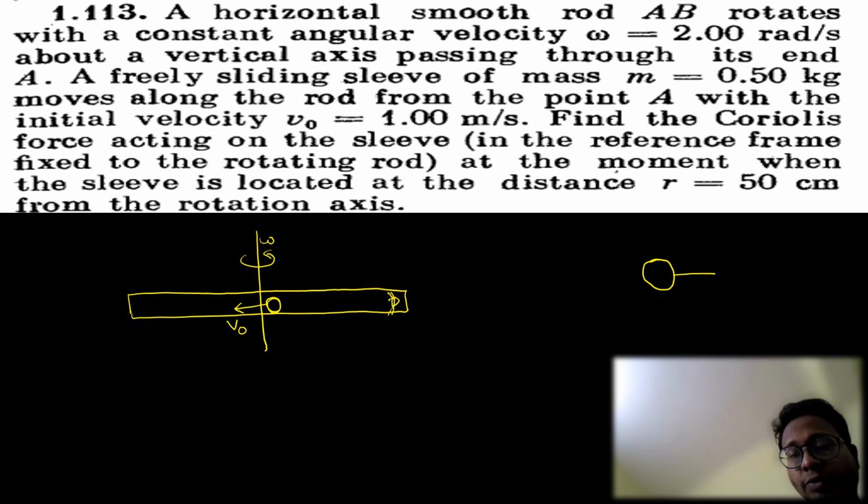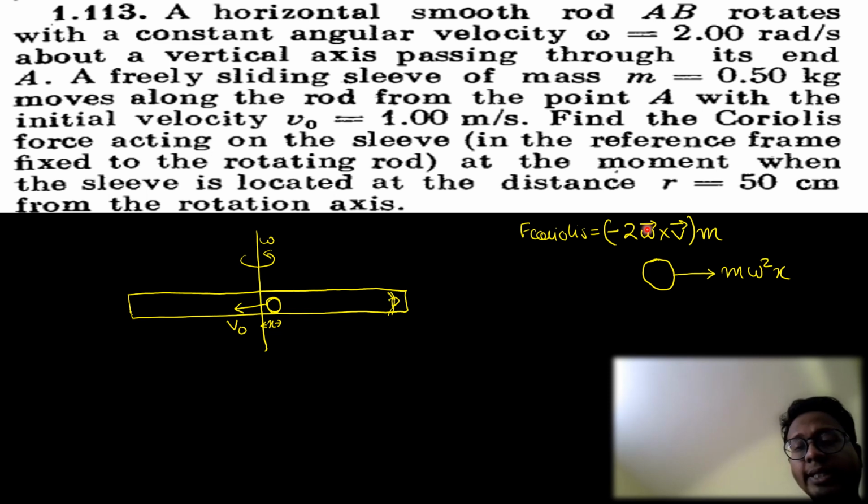The first force is what? The centrifugal force, and centrifugal force is nothing but m omega squared x, where x is the distance from the axis. The second force that would be acting on this ball is the Coriolis force, F Coriolis, and the force of Coriolis is given by minus 2 omega cross v into m.